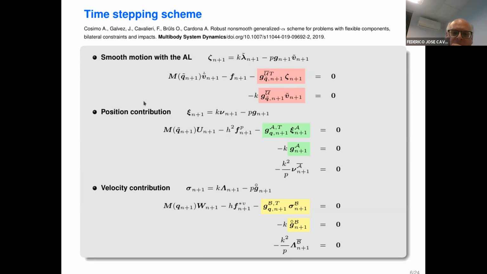So we have here three sub-problems. The first one is solved with a generalized alpha scheme, and then two other problems appear for the position contribution and the velocity contribution. This algorithm can also be interpreted as an active set method, where the three sub-problems are solved at each time step by using a semi-smooth Newton method.